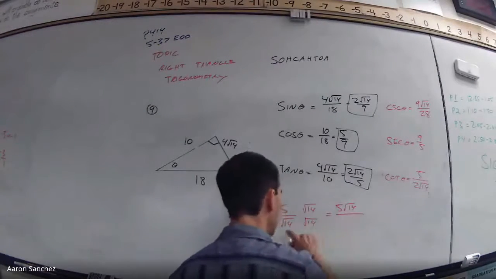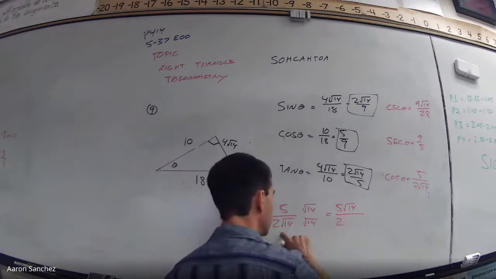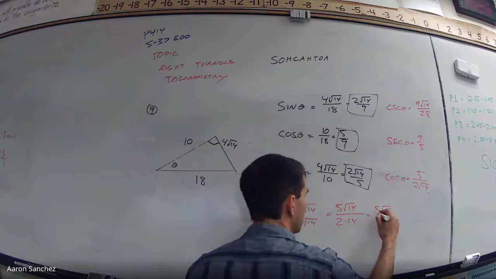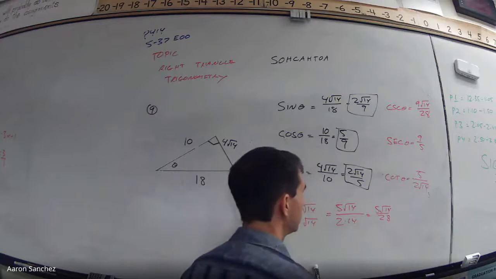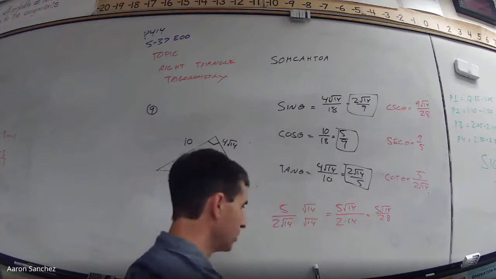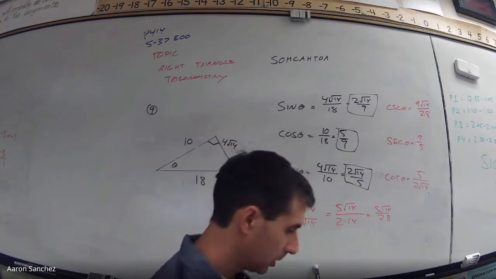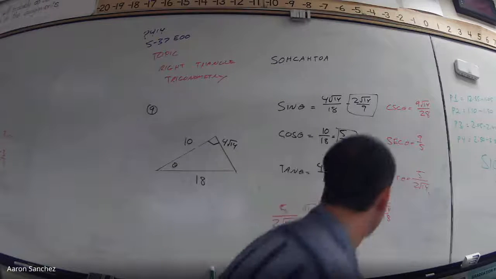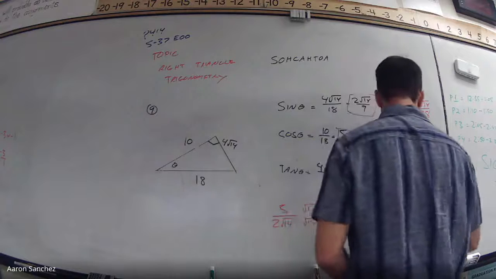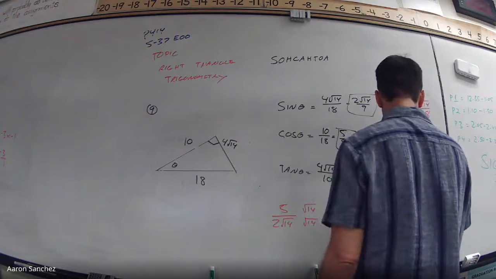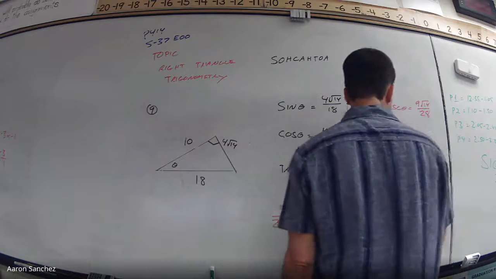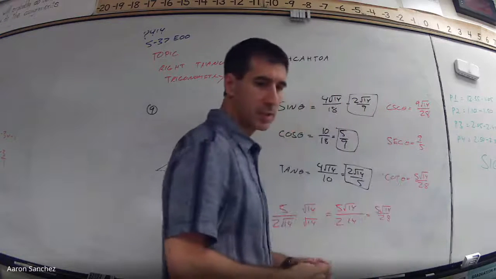So this is 2 times 14, which is 5 root 14 over 28. Alonzo, does that make sense? I was confused for a second, but I'm good now. Okay, so it does make sense. Very good. And so those are your answers for all 6.